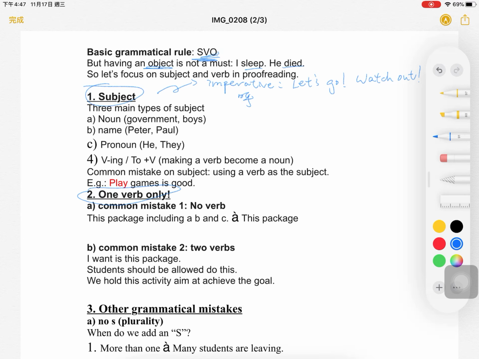So you ask people to do something. In this type of sentence, it's not a must for you to have the subject. But in 99% of cases, you have to have a subject.